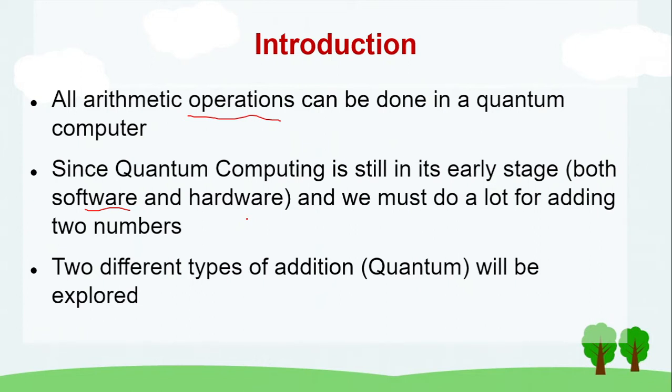The same thing will happen here, but we need to know what is happening in the background, and also see whether it can be improved in terms of execution, number of qubits or memory. So we are going to see two different types of quantum addition in this presentation.